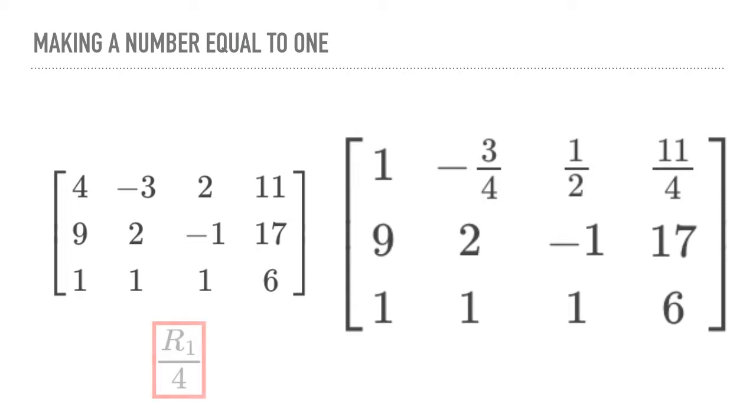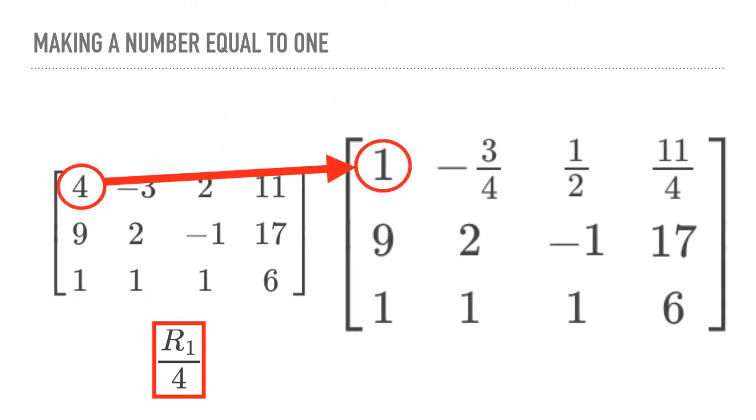Row 1 is being divided by 4, so the 4 turns into a 1, but the whole row is affected. The negative 3 became negative 3/4, the 2 became 1/2, and the 11 became 11/4. So the whole row was divided by 4, and this turned the number into 1.